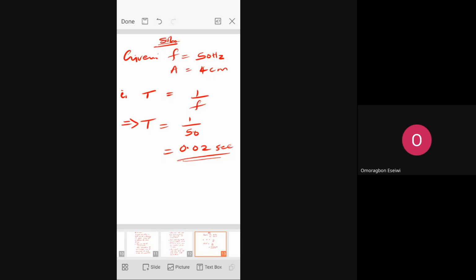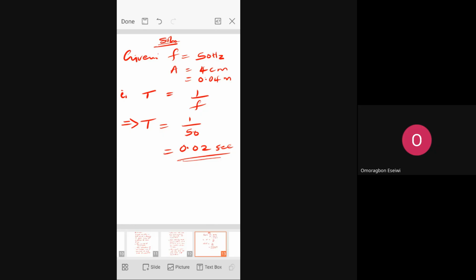Amplitude 4 centimeters, converting it to meters means dividing by 100, which gives 0.04 meters. So anywhere we have amplitude, I'm going to be using 0.04 and not 4 centimeters. That is how easy that first question is.